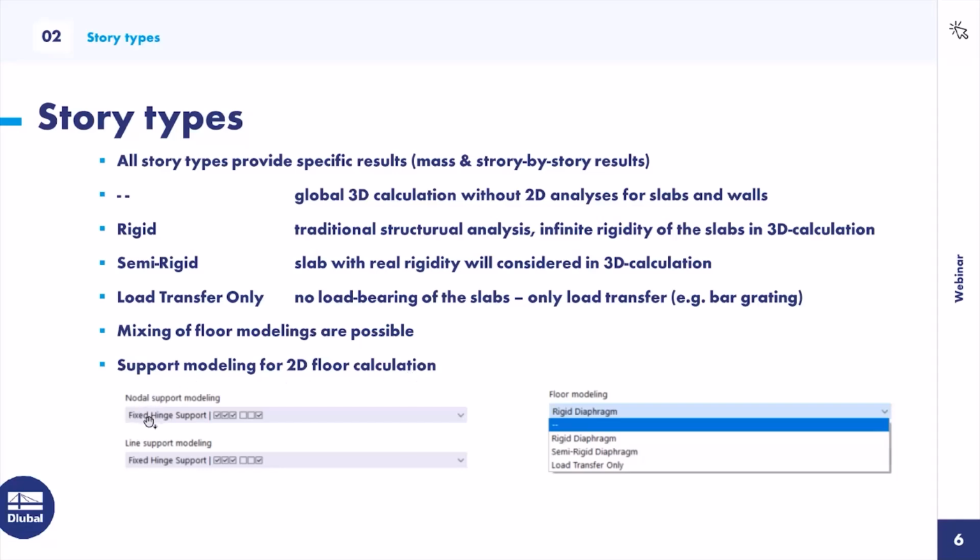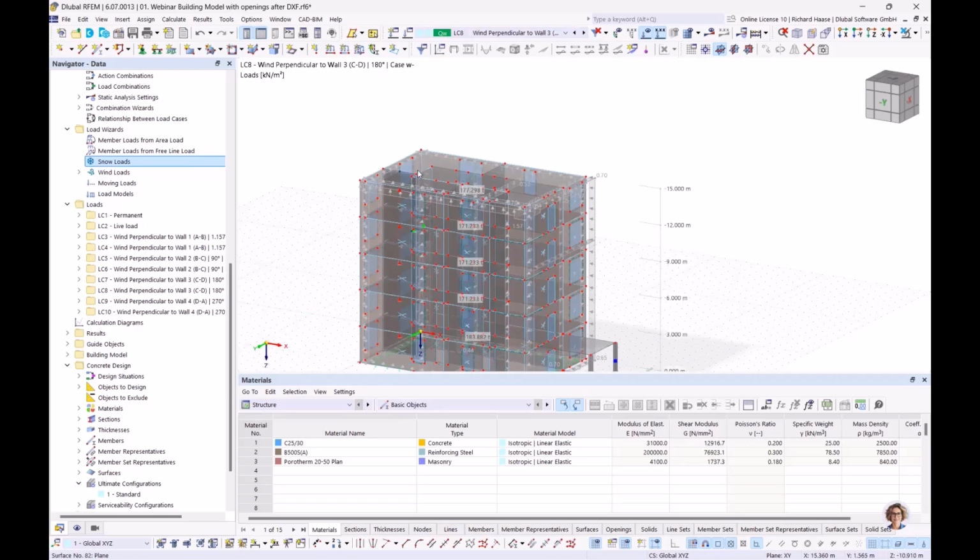Here the slabs are hinged, let's say, from the walls, and the type of the hinging you can define here, but I will show you in RFEM Direct. Okay, then let's switch back to RFEM 6.